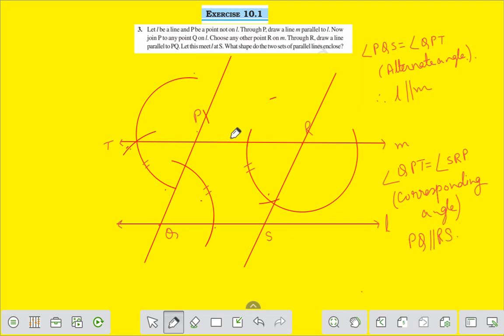Therefore, here you see this line is parallel to this line.